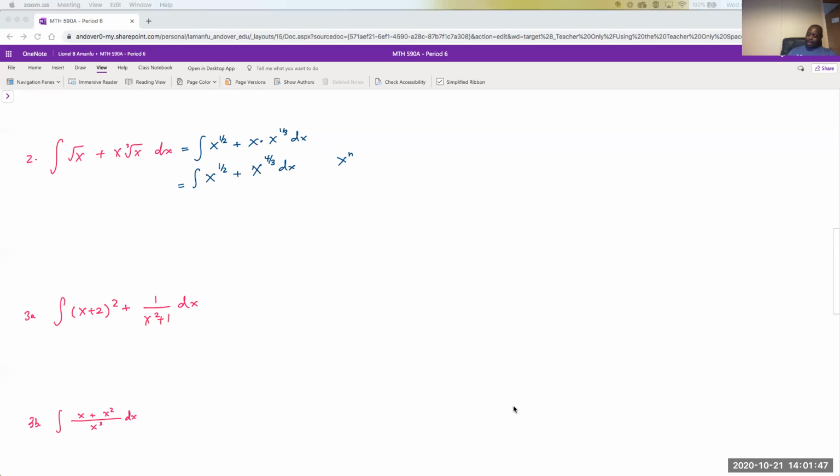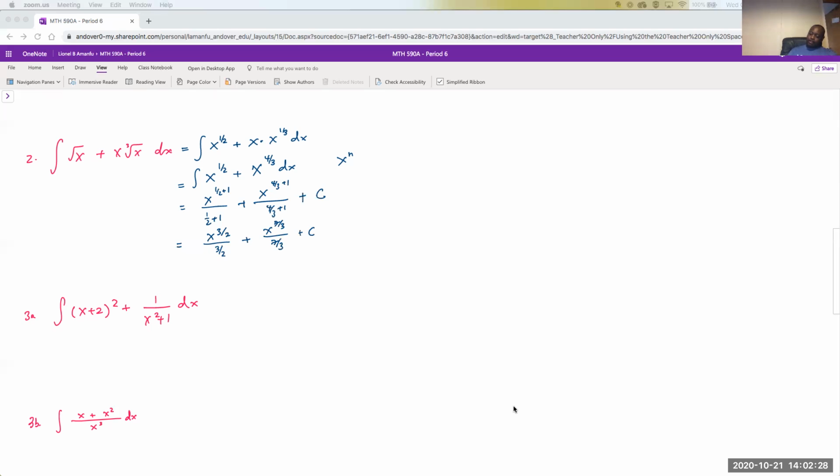So this says I'm going to get x to the 1/2 plus 1 divided by 1/2 plus 1, plus x to the 4/3 plus 1 all over 4/3 plus 1, plus c. All right, don't forget to put the plus c. If I clean up everything, I'm getting x to the 3 over 2 divided by 3 over 2 plus x to the 7 over 3 divided by 7 over 3 plus c.